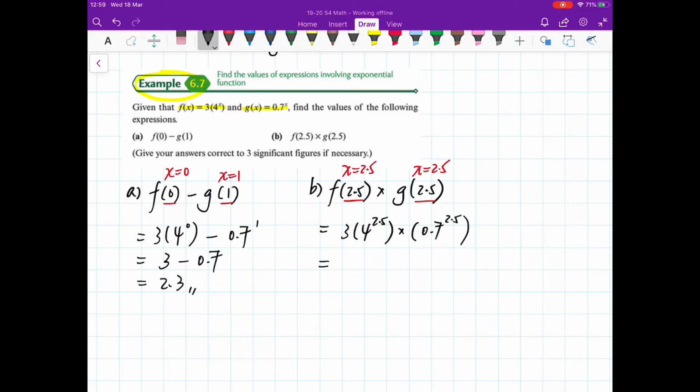Then we just input all the numbers into the calculator, and we can calculate the answer. But this time, it is not an exact value, so therefore we have to write the answer with 3 significant figures. So that is 39.4, correct to 3 significant figures.